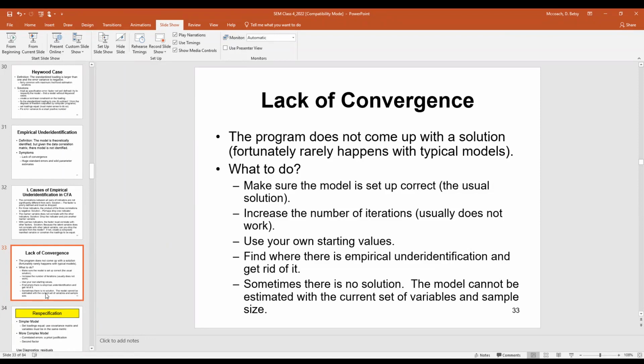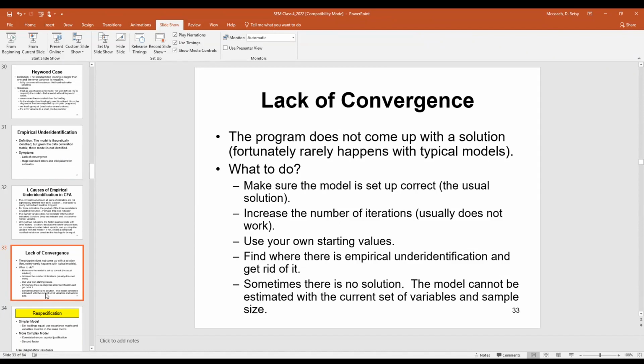I talked about the fact that degrees of freedom are a function of the difference between the number of unique variances and covariances and the number of parameters you're estimating, and that is absolutely true. But you need to have more people than parameters you're estimating, even though that has nothing to do with the degrees of freedom you are looking at.